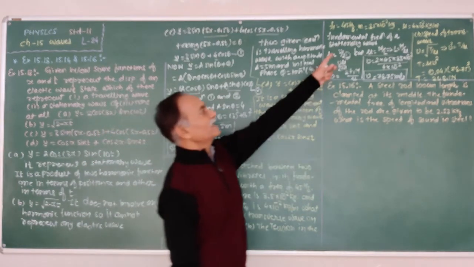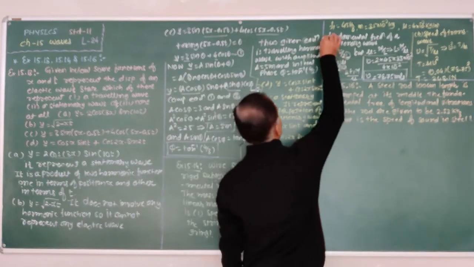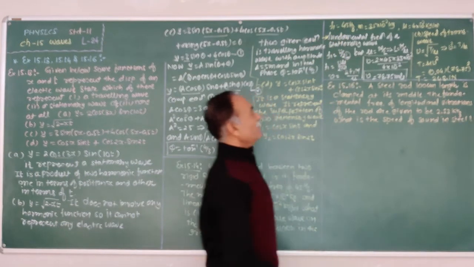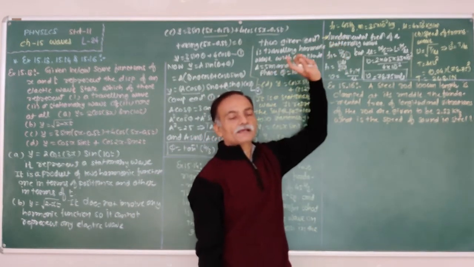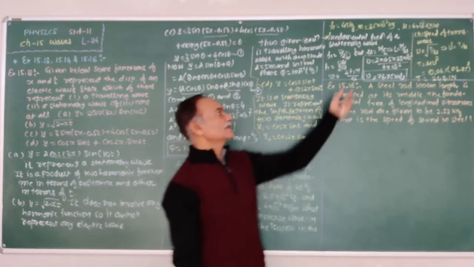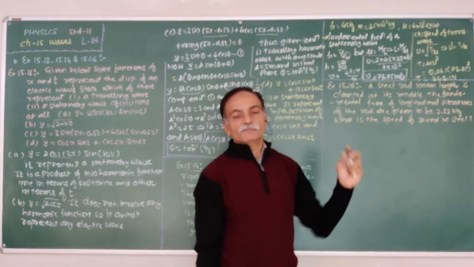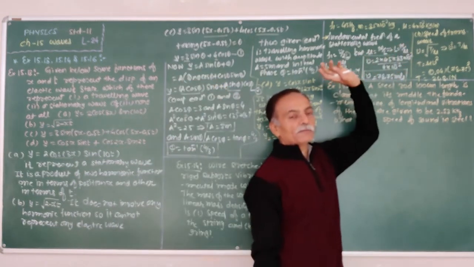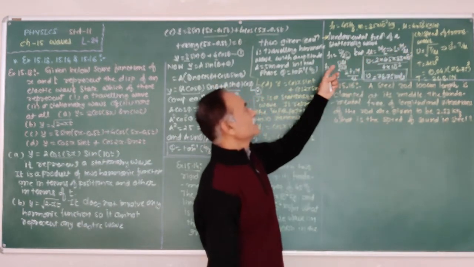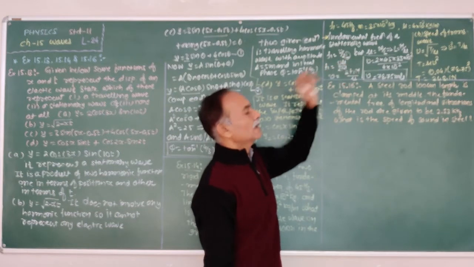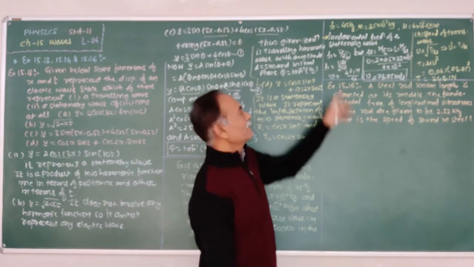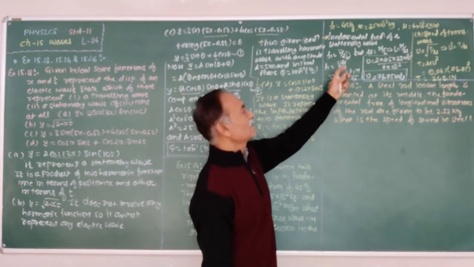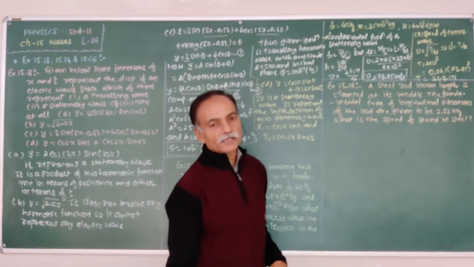For that purpose, the fundamental frequency of the stationary wave F1 is equal to V upon 2L. Here L is not given, but the linear mass density mu is given, mu is equal to M upon L. Therefore, L is equal to M upon mu. Substitute here. Therefore, F1 is equal to V mu upon 2M. Therefore, the equation of V is equal to 2F1M upon mu.